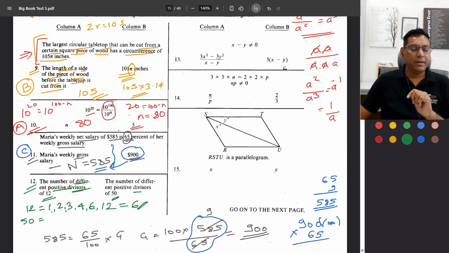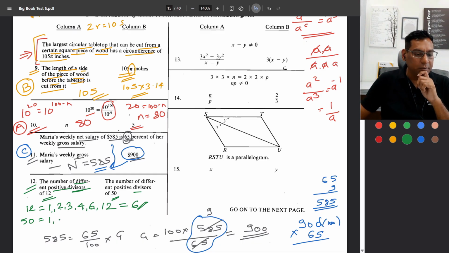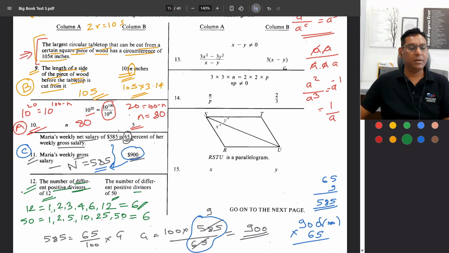So let's do it that way. 1, 2, I don't have 3, 4, or 5, I have 6, 7, 8, 9, no, we have 10, 11, 12, 13, 14, 15, 16, 17, no, we don't have anything. We have directly 25, we have directly 50. So the number is big, but the number of divisors again is the same, 6 and 6. Answer choice C.